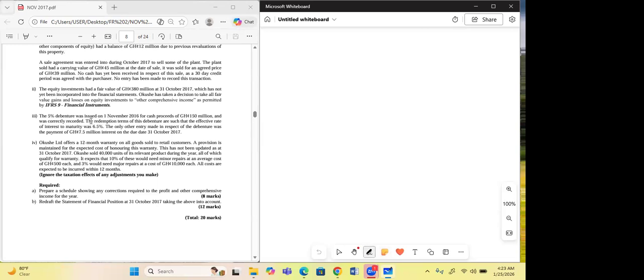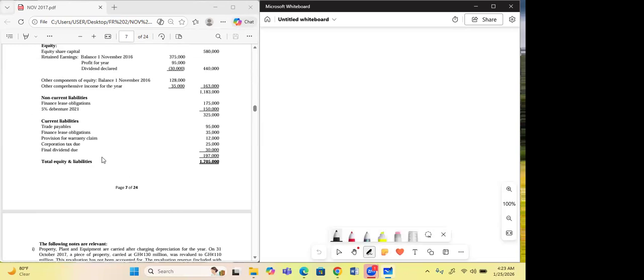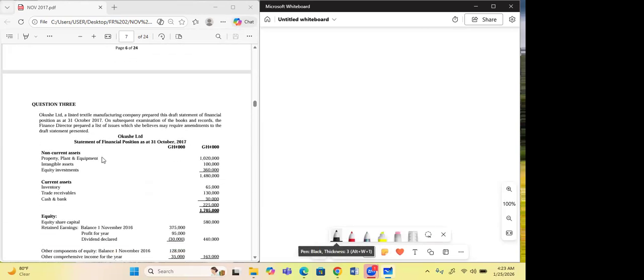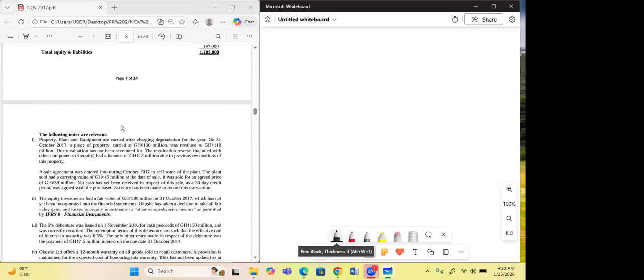Okay, so let's go. Let us read the footnotes and then see how to adjust them. Note one, my brother, read for us. So the following notes are relevant. Property, plant, and equipment are carried after charging depreciation for the year.